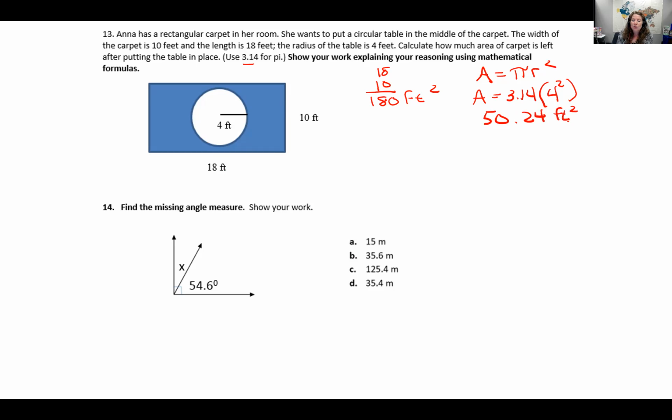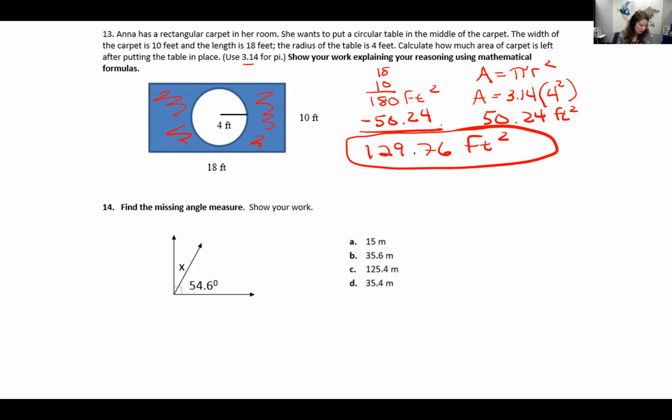Now it wants to know the rest of this area, so we take 180 and subtract from it 50.24. I'll do that in my calculator, and the answer is 129.76 feet squared. That is the blue section that's showing.